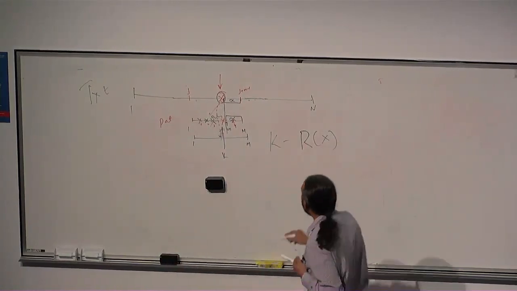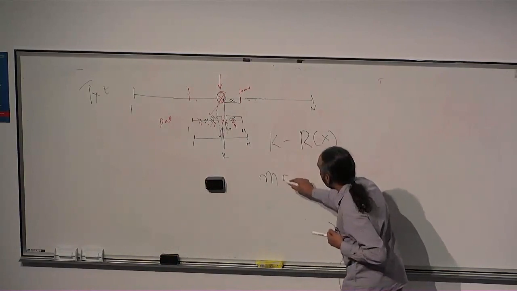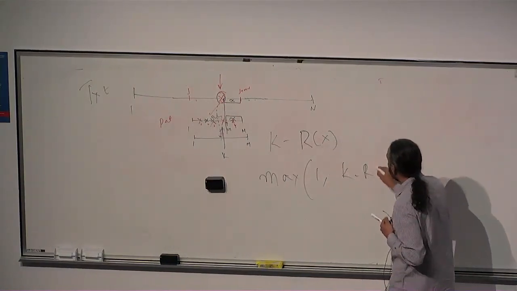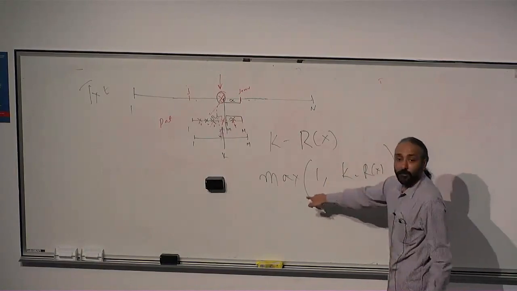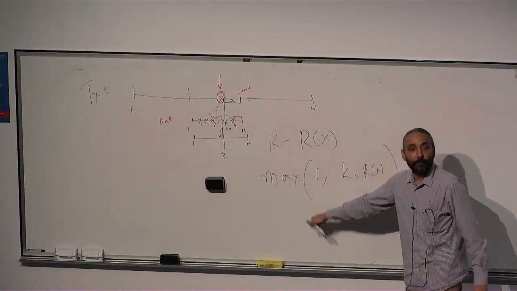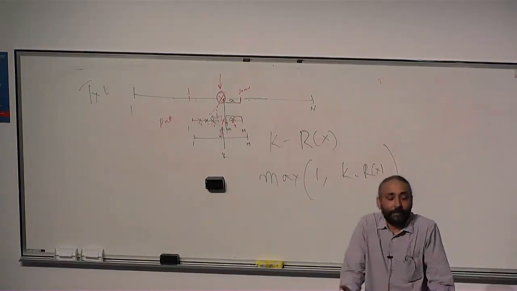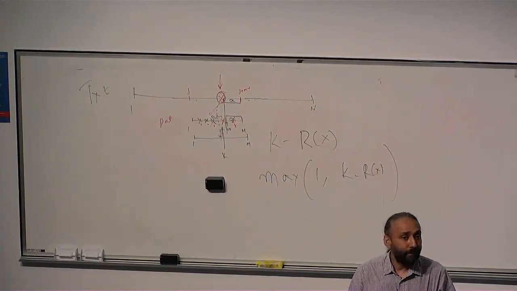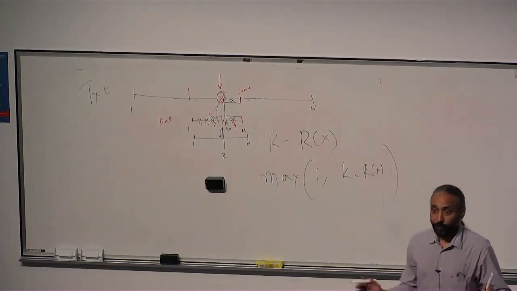It's going to be max of 1 comma K minus R of X. So that 1 is telling you that if the rightmost occurrence is beyond the point of mismatch, don't go back, just use 1. Okay? Have I nailed this intuition for you?